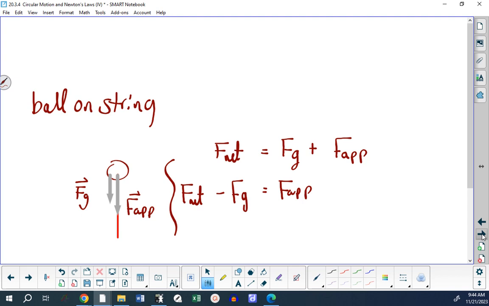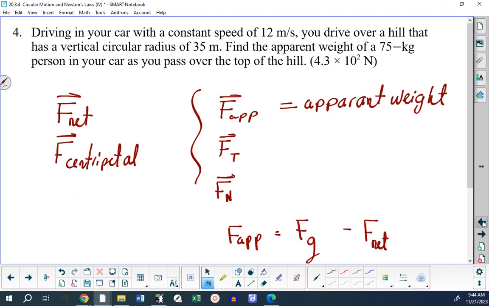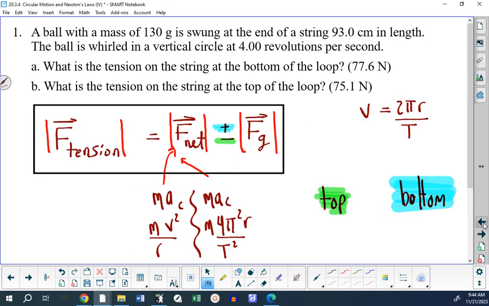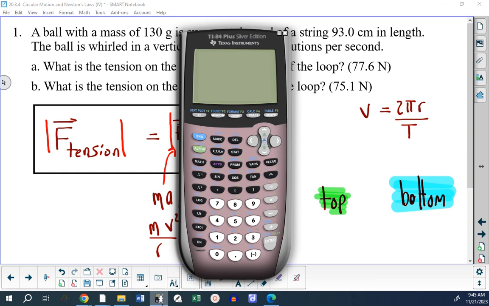But I don't think I would ask you to analyze it this way on an exam. I would limit anything in this course that I evaluate you on with vertical circular motion to objects that are on a string, or to objects that are inside, like a car going through a vertical circular road, but not going on the outside. So that's why when I subtracted, I got a negative.